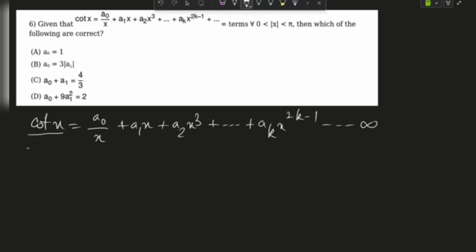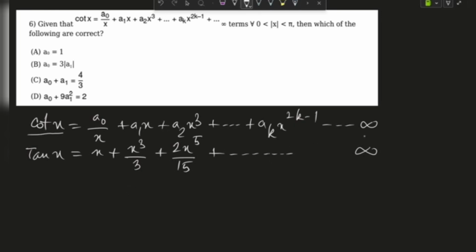So let's write down tan x. If you guys don't know the expansion for tan x, please learn it by heart like sine and cos, because this is very important. This is x plus x cube by 3 plus 2x power 5 by 15, and this also goes up till infinity.